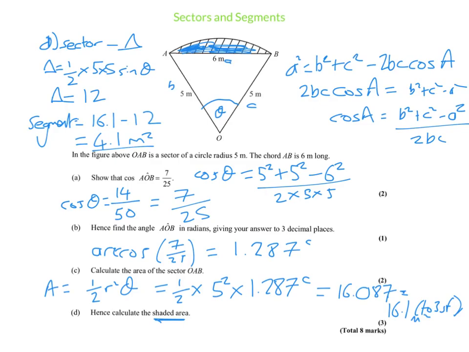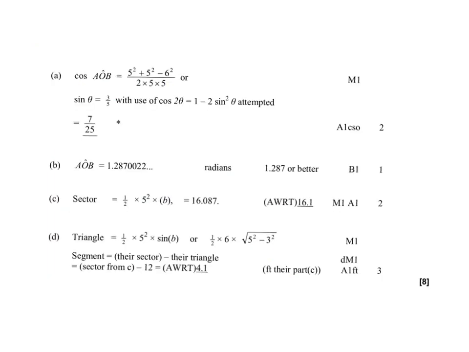Let's have a look at the mark scheme for this. We've got use of the cosine rule, which gives you a method mark. There's possible use of another method using a double angle formula, but it's easier just to use the cosine rule.